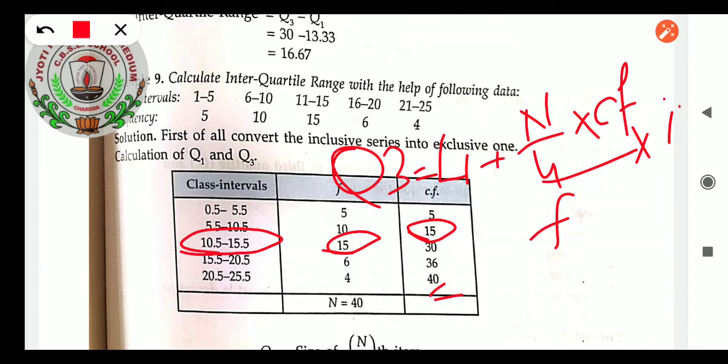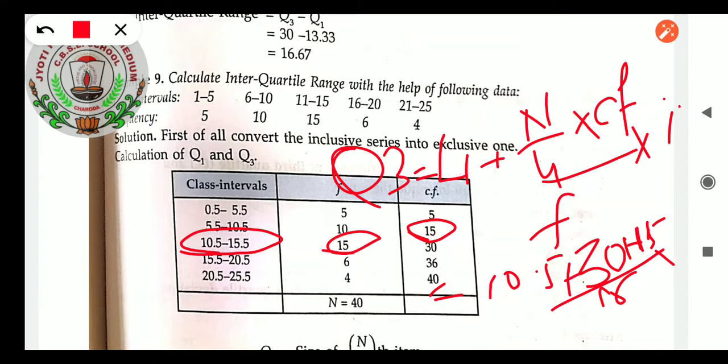Q3 equals L1, how much is there? 10.5 plus 3n by 4th, how much was it calculated? That was 30 only, minus CF of 15, divided by 15 into 5.